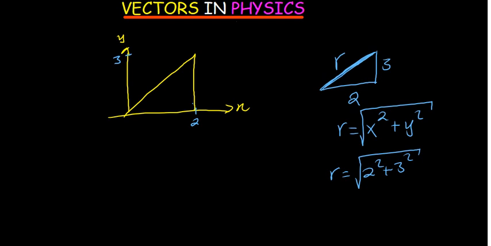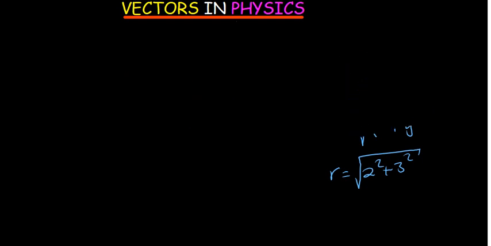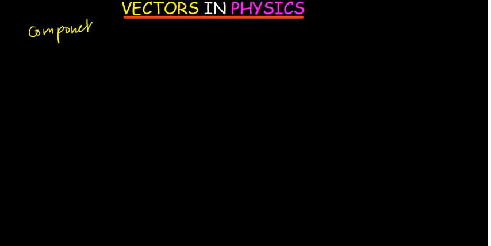Now that we've seen this, let me write it again because we're about to do something interesting. So we are looking at components of a vector, or breaking a vector into its components. Whenever they say break this vector into its components, it means find its x value and its y value.